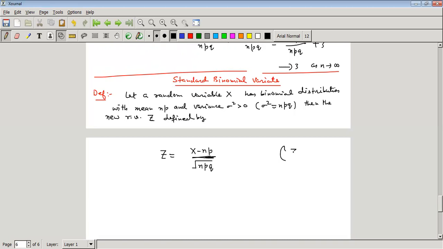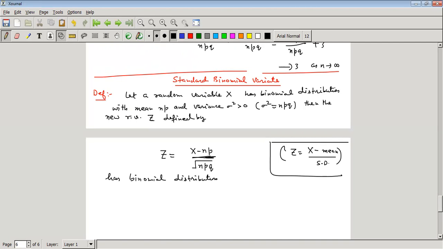We can define this Z as x minus mean over standard deviation, and this has a binomial distribution with mean 0 and variance 1.